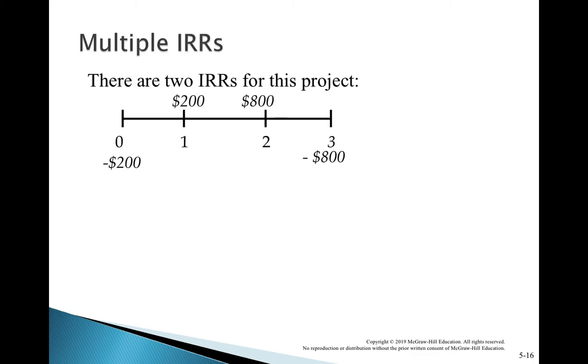Here there are 2 IRRs for this project, minus 200. I have explained this to you. Another example is here: 200, 200, 800, 800, for example. You will have multiple IRRs.